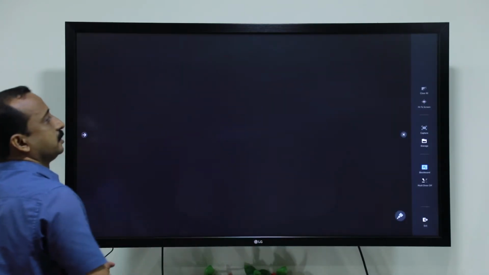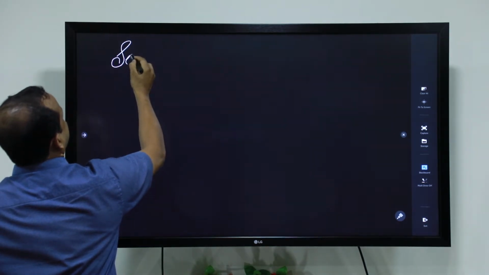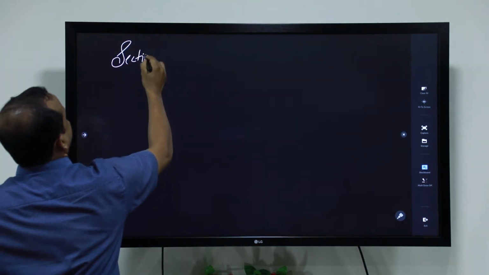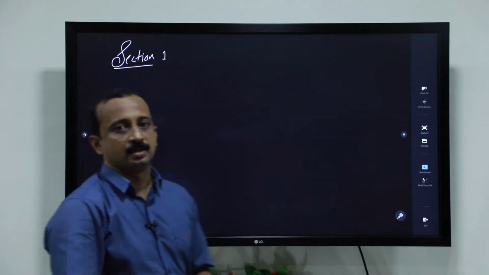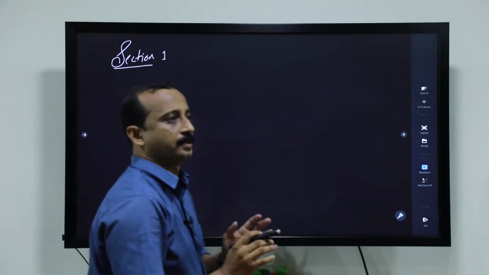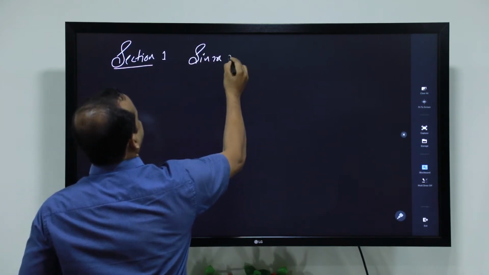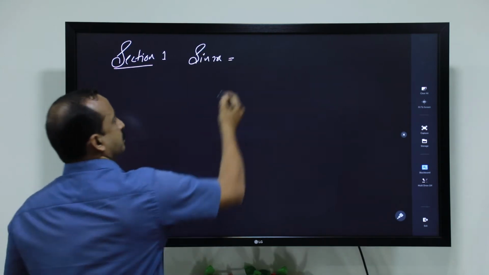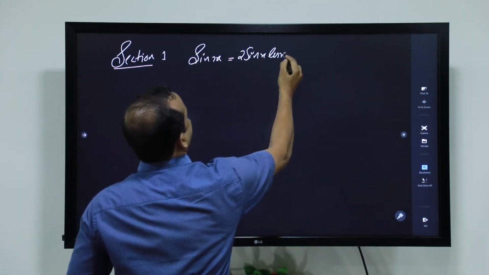That is very important. Now our first section of properties of inverse trigonometric functions. In section 1, learn 3 formulas by heart. First is sine 2x. You know the sine 2x formula is 2 sine x cos x.